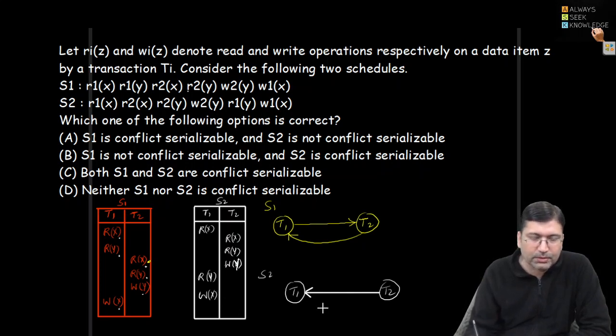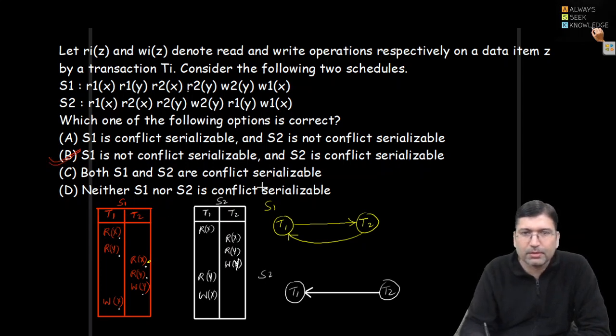So this is the scenario. Now there is no cycle in S2, but there is a cycle in S1. So S1 is not conflict serializable, but S2 is. So the answer would be S1 is not conflict serializable and S2 is conflict serializable. B will be the right answer.